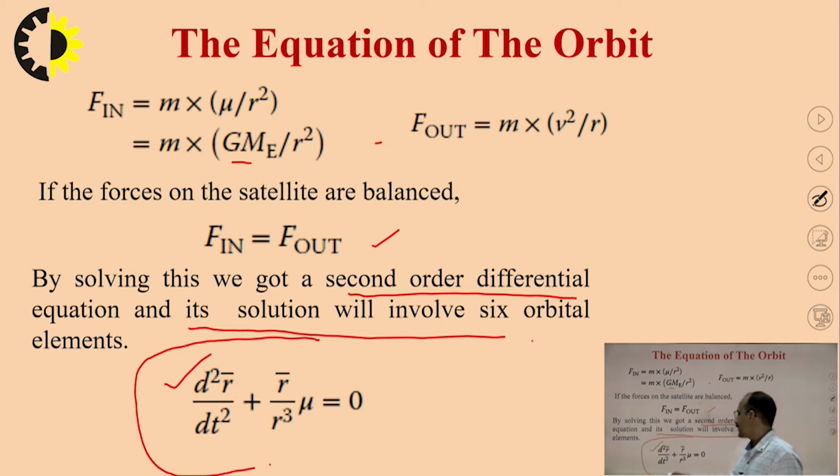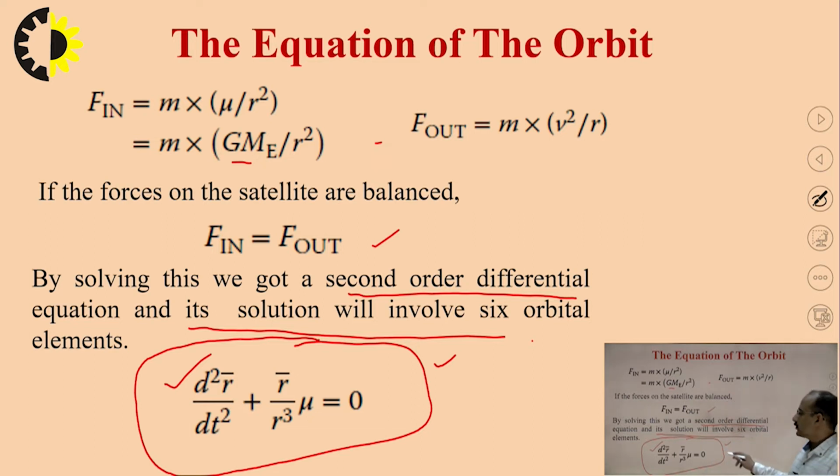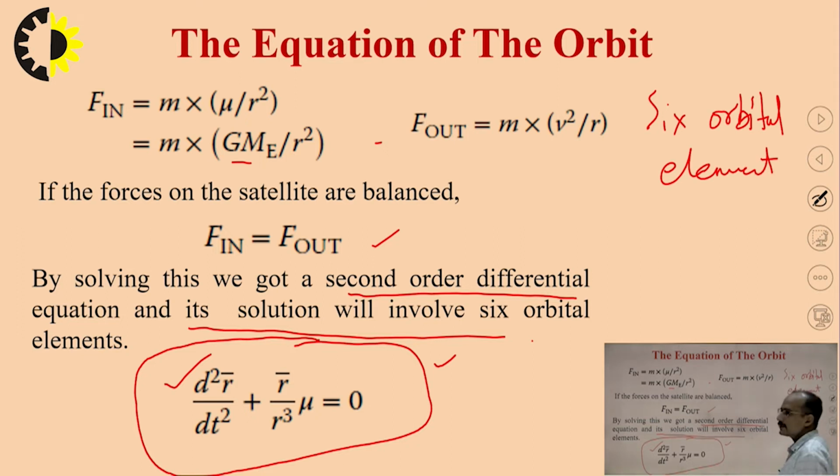This is a second order differential equation, also called the orbital equation, the first orbital equation. When you solve this equation, you will find 6 individual orbital elements. Actually these 6 orbital elements are responsible for the satellite location in the orbit.